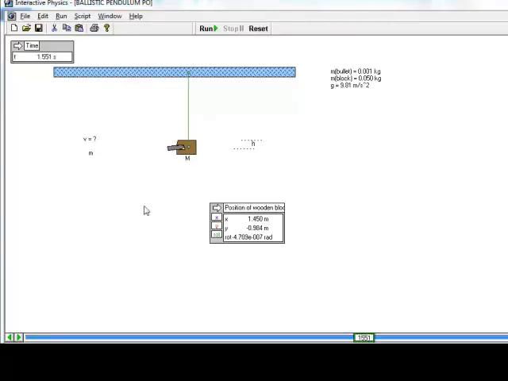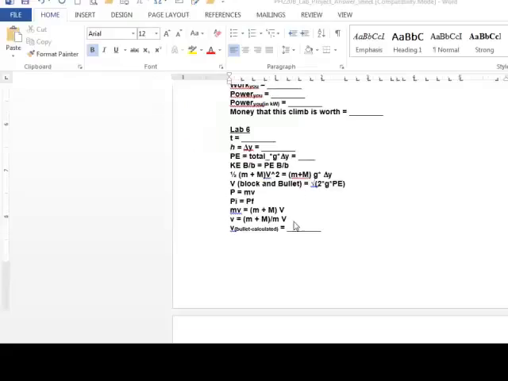Notice it doesn't. So this is the actual position of the block, and you have to determine roughly, as this moves back and forth, how far the bullet actually moves before it collides with it. But you still should get a decent idea of how far it goes before, and thus you should be able to determine the value of the actual velocity and compare it to the number you calculated over here. And then that should give you your answer.